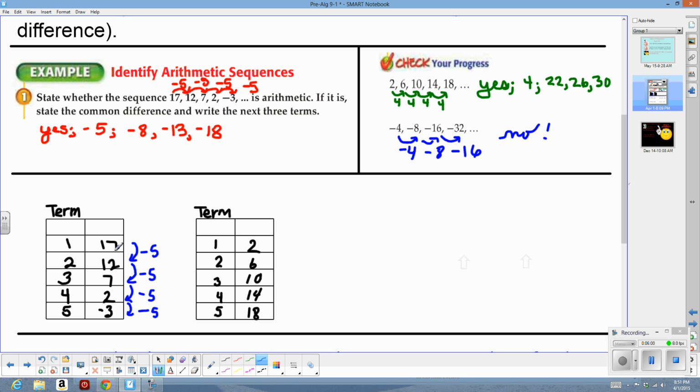So for example, if I took 1 and multiplied it by -5, I would get -5, and I'm supposed to end up with 17. If I take 2 and multiply by -5, I get -10, but I'm supposed to end up with 12.